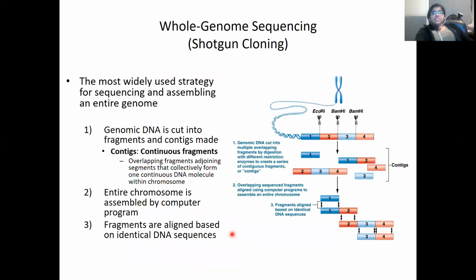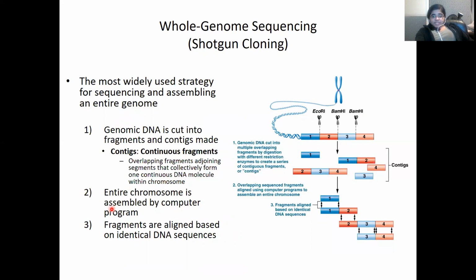So one of the methods you would use to analyze genomes is called whole genome sequencing, or this is also called shotgun cloning. It is a widely used strategy for sequencing and assembling an entire genome.